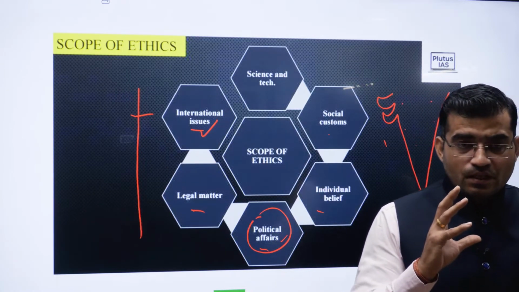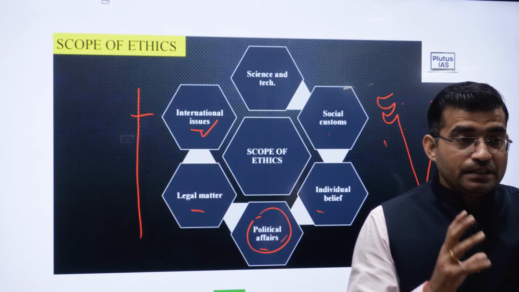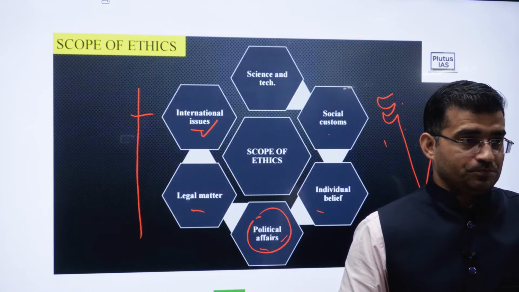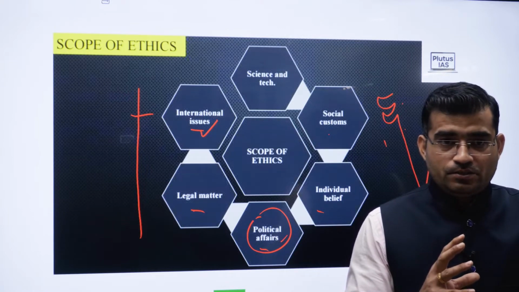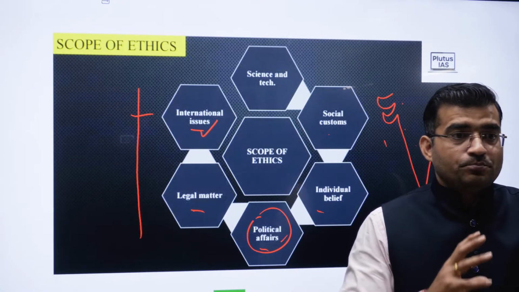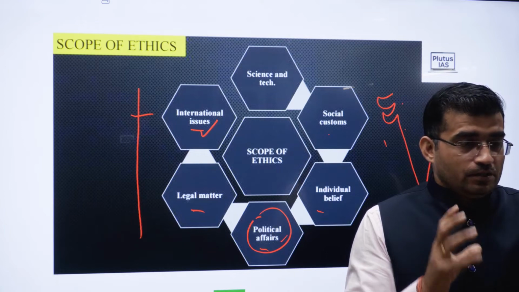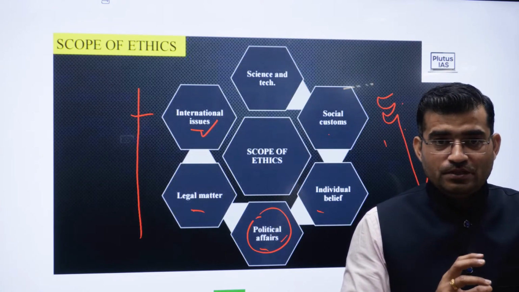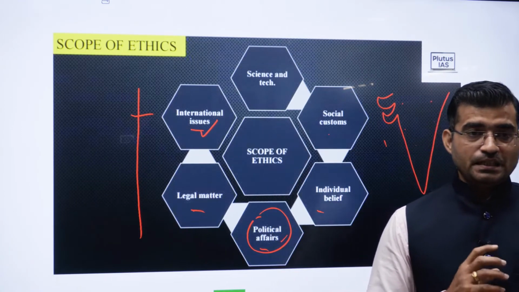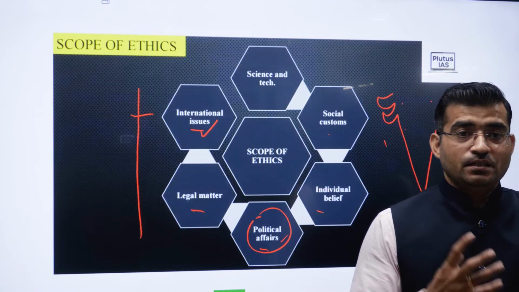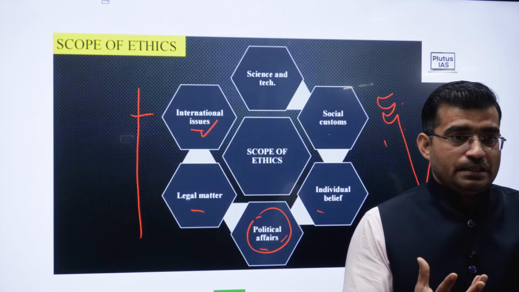Regionalism actually satisfies the need of local people. Suppose Tamils advocated for regionalism, regional language, they are promoting regional language. In this way, they are protecting their culture, their society.